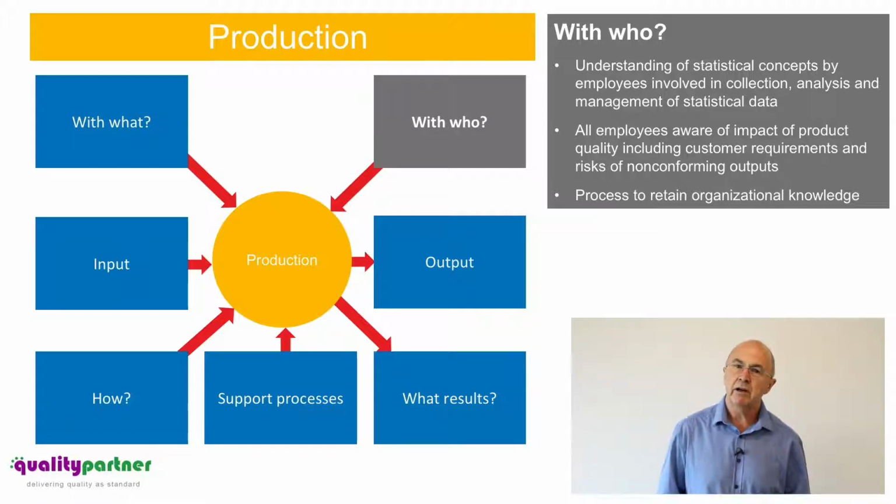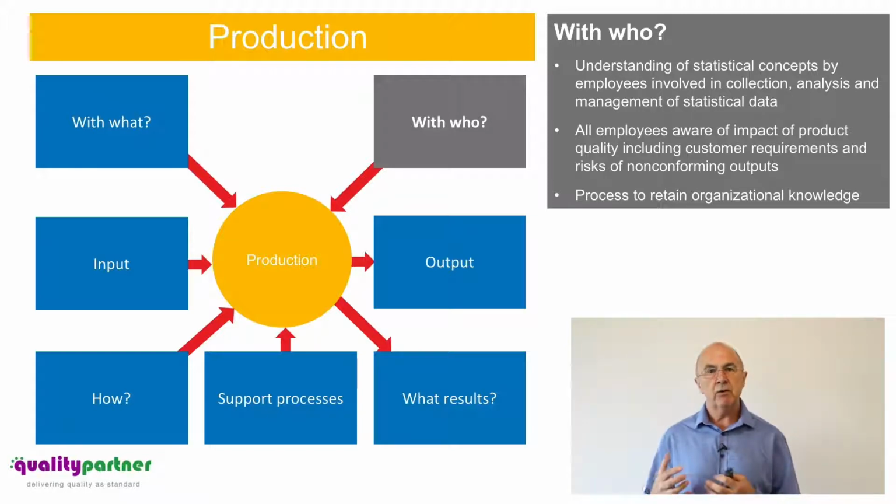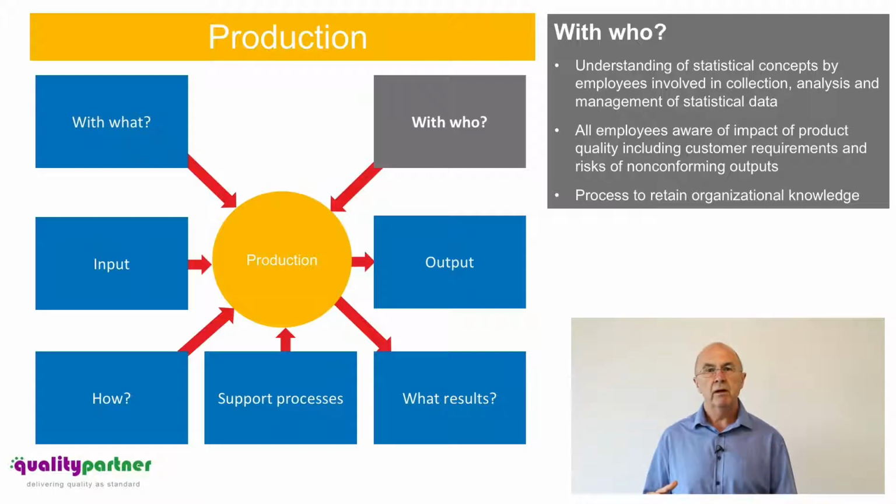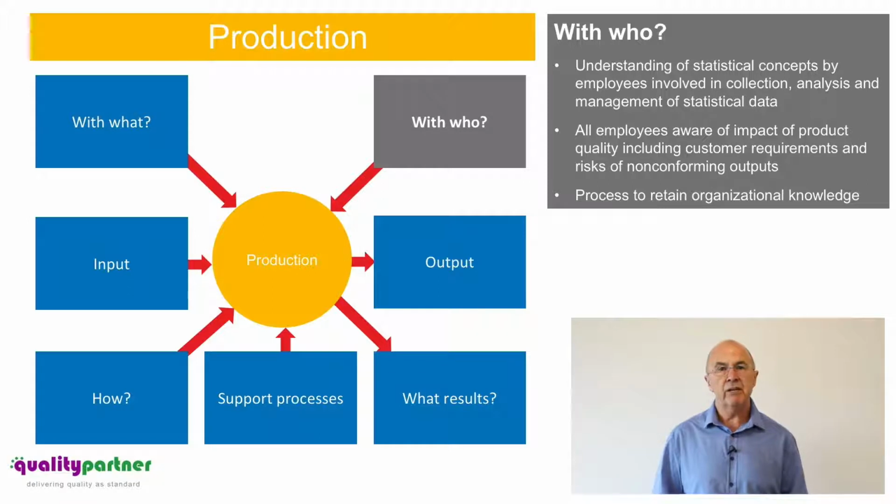And also in production, we need to make sure that we have a process to retain organisation knowledge. So this is making sure that through our skill matrix, we can make sure we have enough people and enough flexibility that we're not reliant on any specific individual, that if that one individual, for example, went on holiday, we can still keep the production process working effectively.